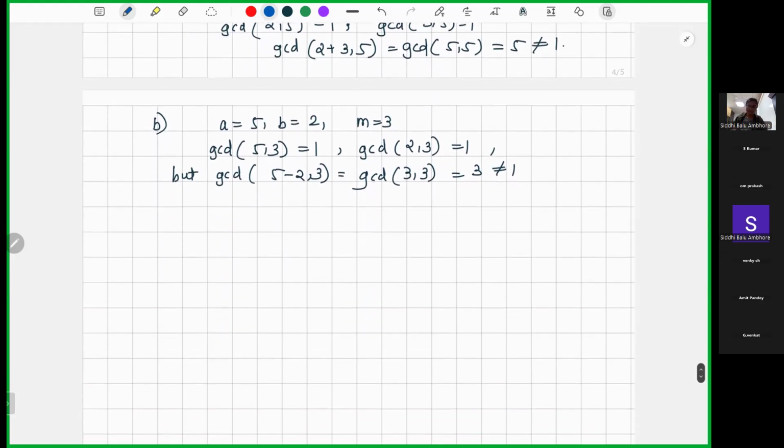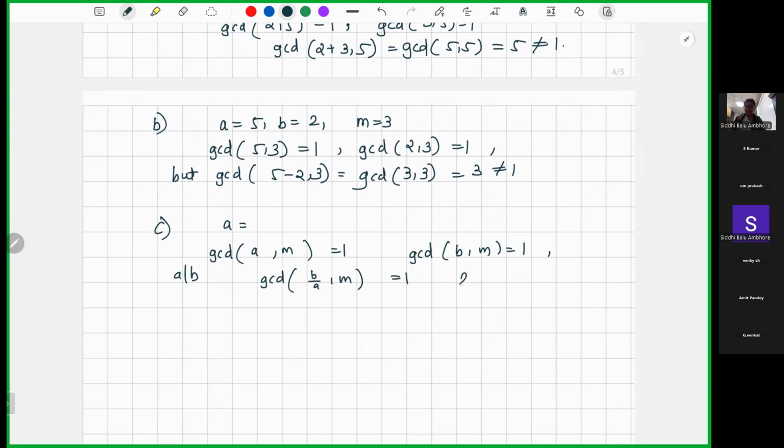Any guesses for the C part? We want elements such that GCD of A comma M is 1, GCD of B comma M is 1, A divides B, and we want GCD of B by A comma M to be 1. Is this possible? What A, B, and M do I need to choose?